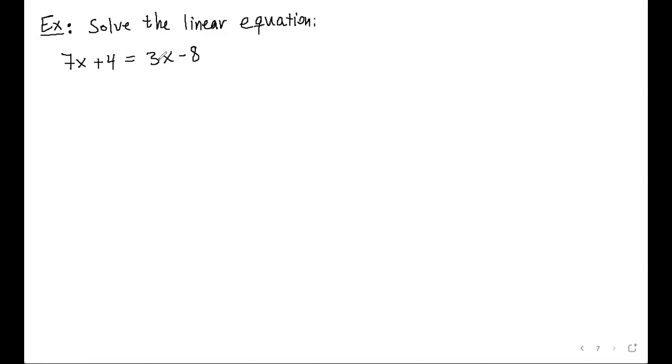Now, the idea for solving something like that, I prefer to move all the variables to one side and all the numbers to the other side. So to move this 3x to the other side, what do we have to do?